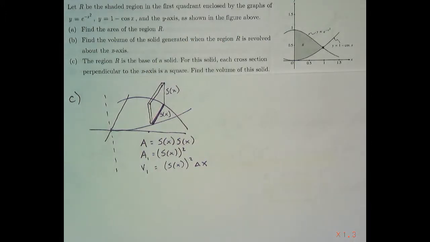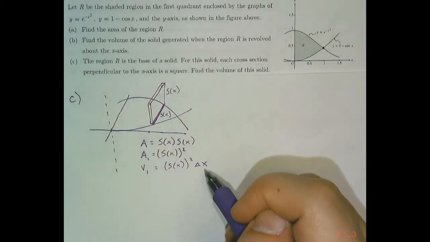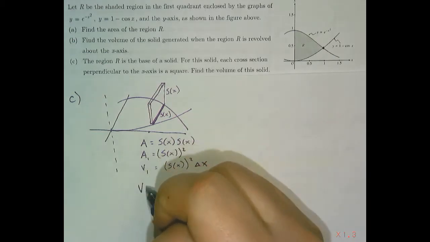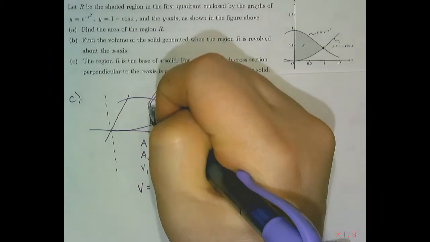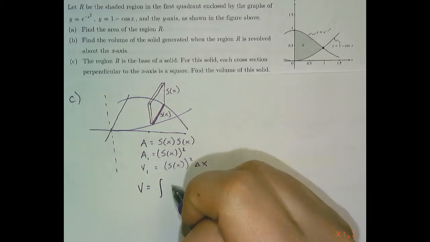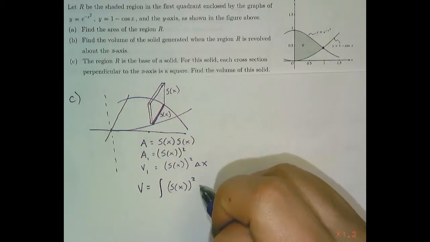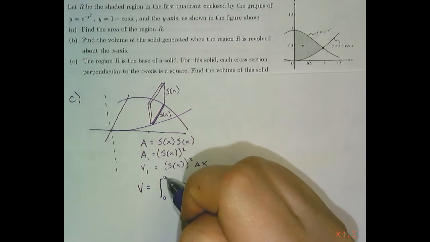And then we introduce the world of calculus, where we make our delta x very, very thin by taking the limit as delta x approaches 0, and we can create the volume expression for all of these square cross sections. So each square cross section is put in like that, stacked from 0 to a.